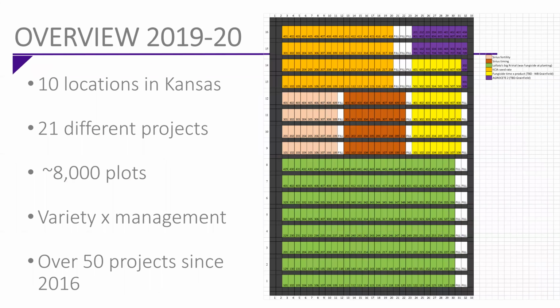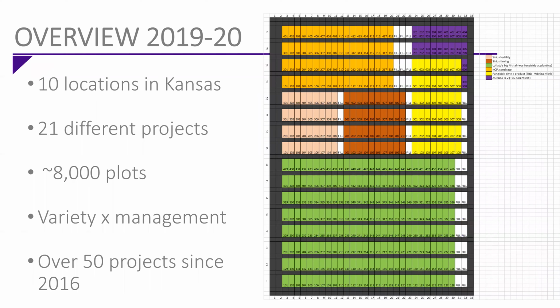So, an overview of the program. This year we have trials looking at wheat agronomy in 10 different locations across Kansas. We have a total of 21 different projects that are out and planted. These projects are in several locations each, so we have a total of close to 8,000 research plots.